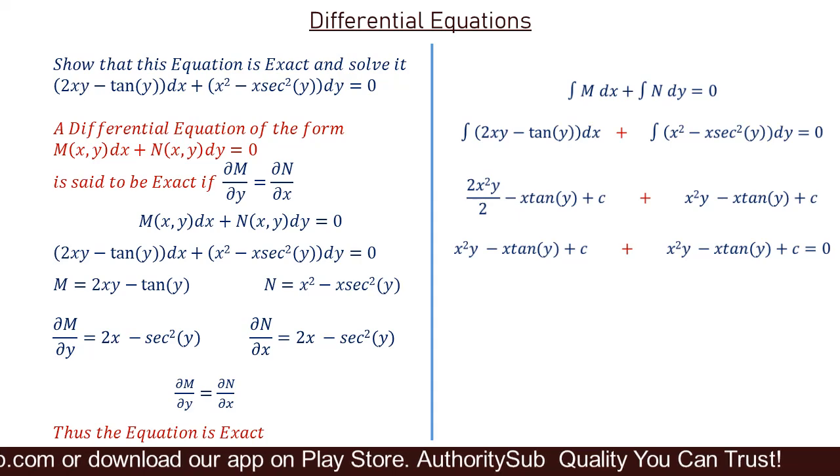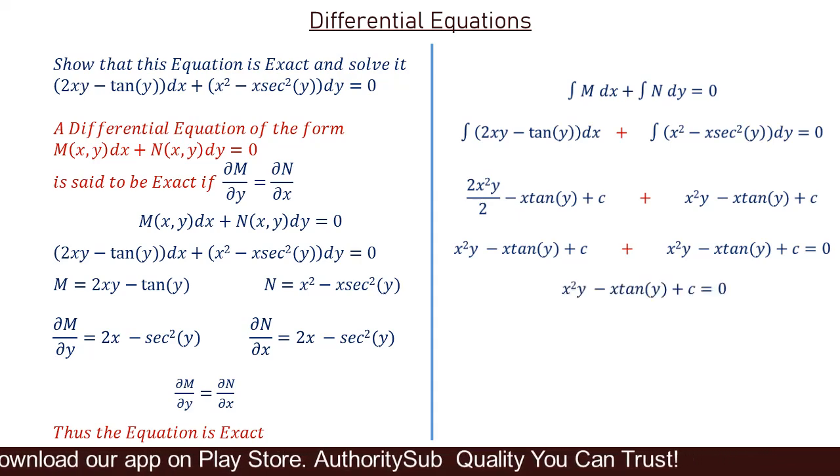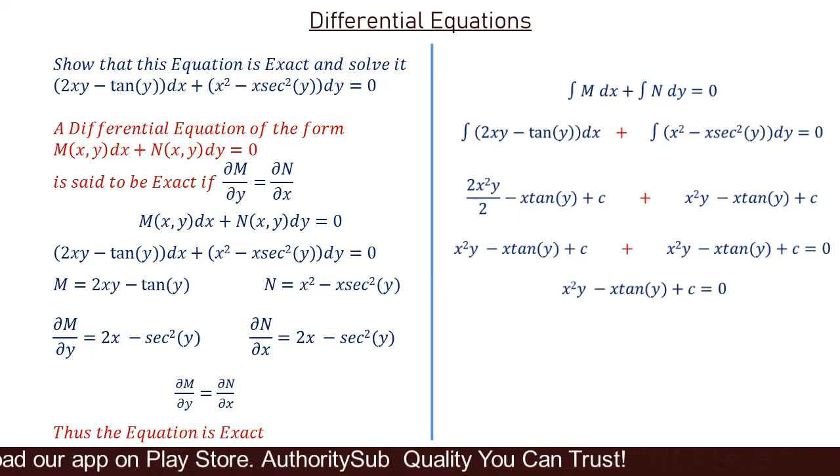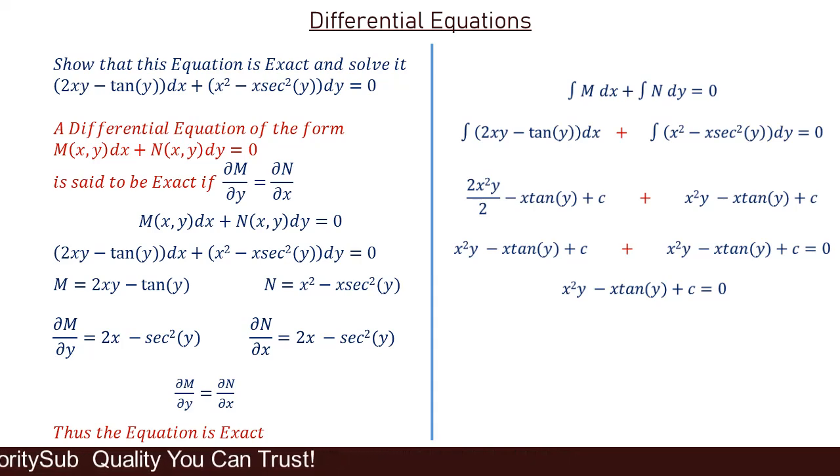Let's pick one of them, one of them each. Now we're going to have x²y − x tan y + c = 0 as the solution to the differential equation (2xy − tan y) dx + (x² − x sec² y) dy = 0. Hello, are we together?